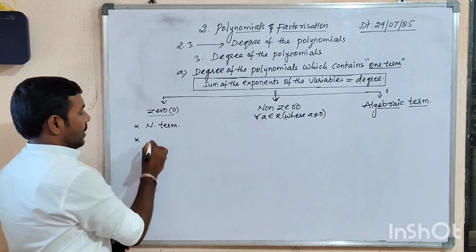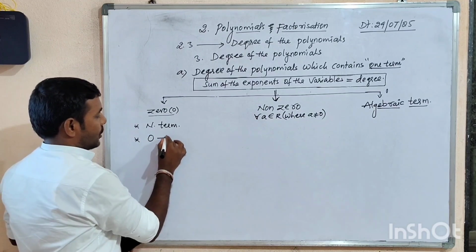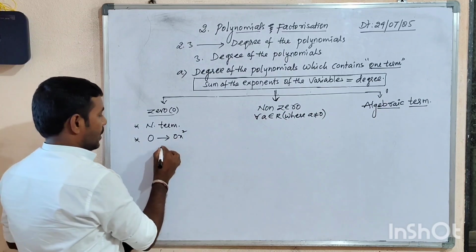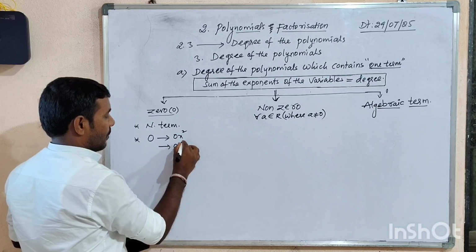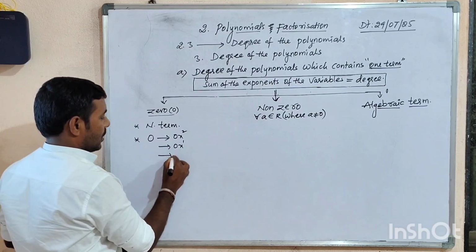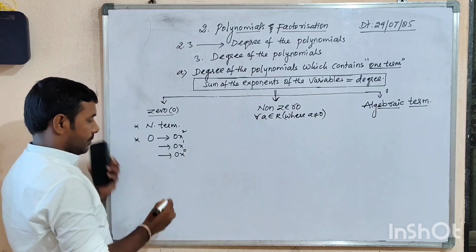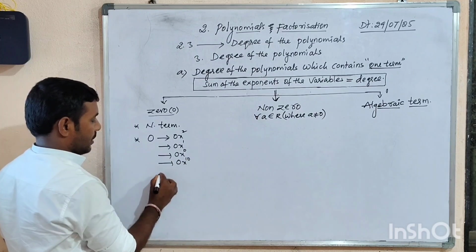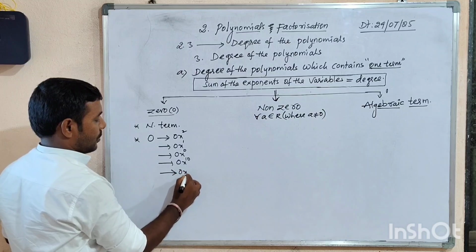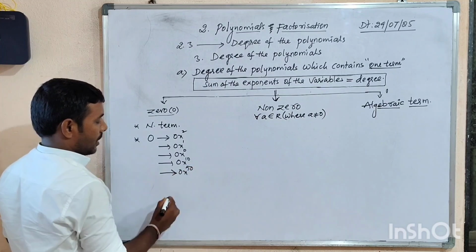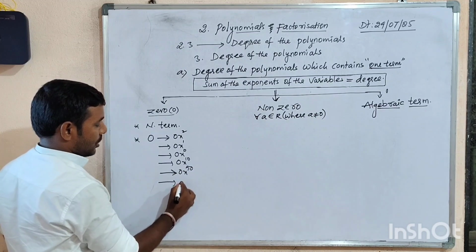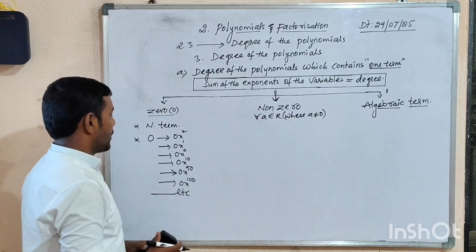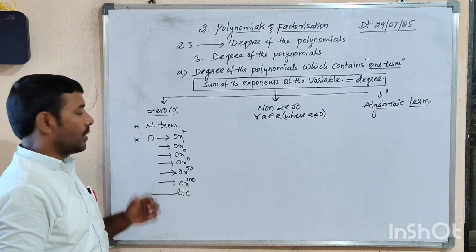So we can express 0 as 0x to the power of 2, 0x to the power of 1, 0x to the power of 0, 0x to the power of 10, 0x to the power of 50, next 0x to the power of 100. Like that we can express it in many ways with the help of variables.